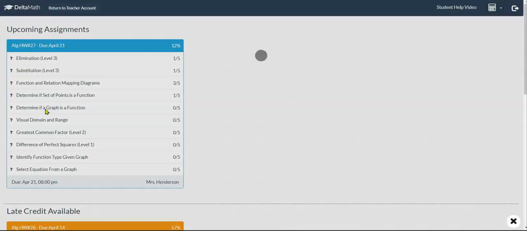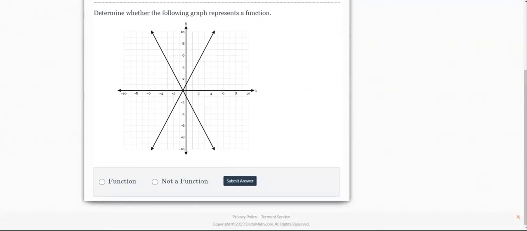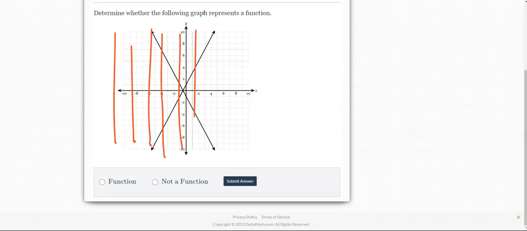Determine if a graph is a function. To determine if a graph is a function, you take your vertical line test. You draw an imaginary line and you scan down your graph. You're moving this imaginary line down your graph. And if you touch the function in more than one location at the same time, you are not a function.